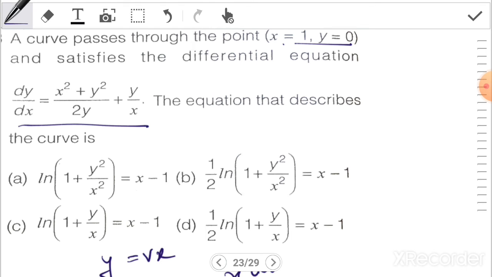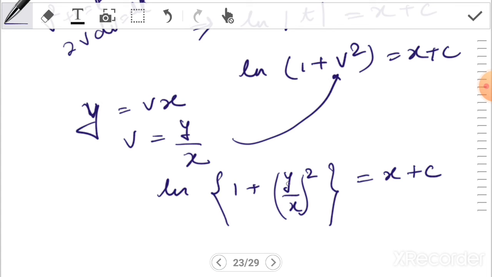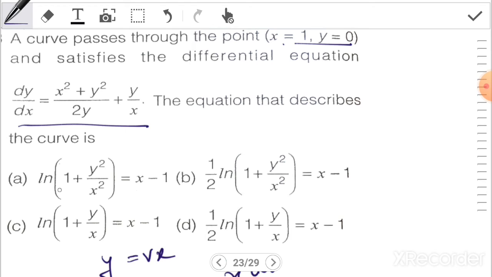So at x is equal to 1 we have y as 0. So this is 1 plus 0 by 1, that is log 1, which is 0, is equal to 1 plus c. So that means c is equal to minus 1. So we have the final answer as log (1 plus y square by x square) is equal to x minus 1.